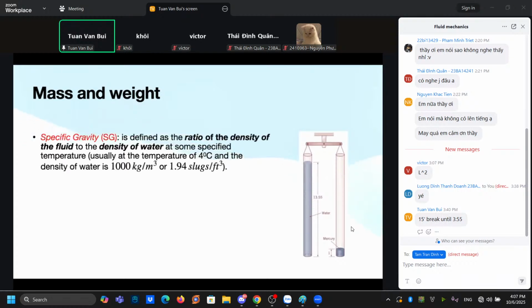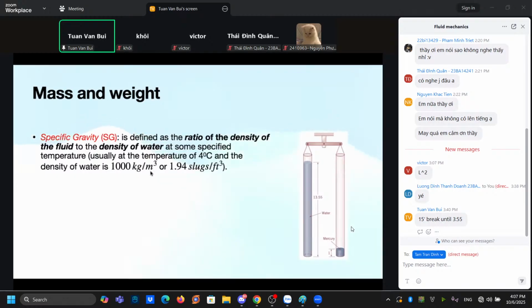Then we have specific gravity, SG, defined as the ratio of the density of the fluid to the density of water at 4 degrees Celsius. So remember, we have the density of water at 4 degrees Celsius is 1000 kilograms per cubic meter.